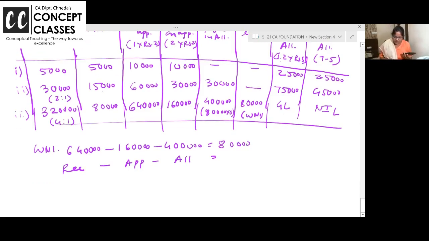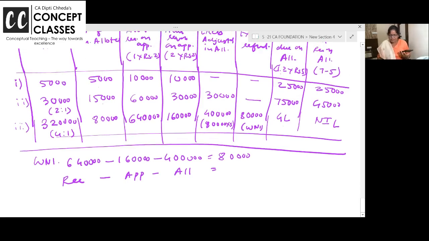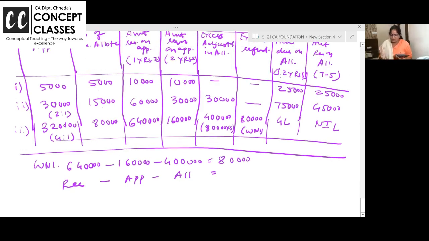Now do the totals. Journal entries will be passed with the totals. How much application is received? 7,10,000. How much application is to be received? 2 lakh. 1 lakh into 2.